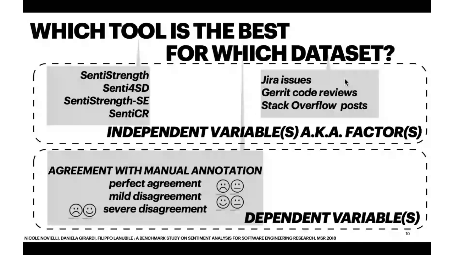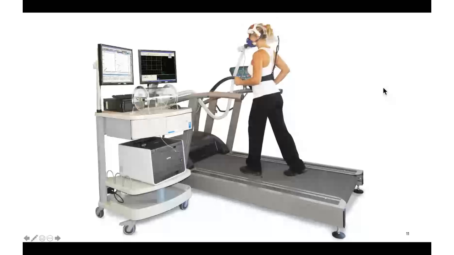So in general, if you are going to put it into a more scientific perspective beyond the software engineering world, we can think about an experiment as an ergospirometry lab. An ergospirometry lab is intended to measure metabolic changes when a human being is performing a graded exercise on a treadmill. The independent variable in this case is the exercise itself.